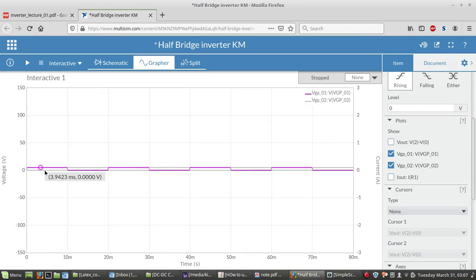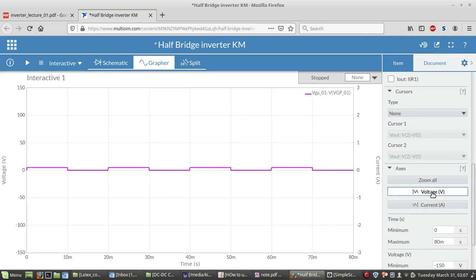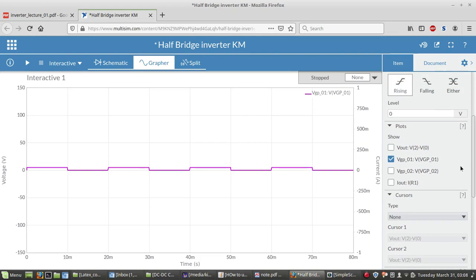Now it is our VG1, the gate pulse 1. Now VG2, if we observe, is very much the reciprocal of this.